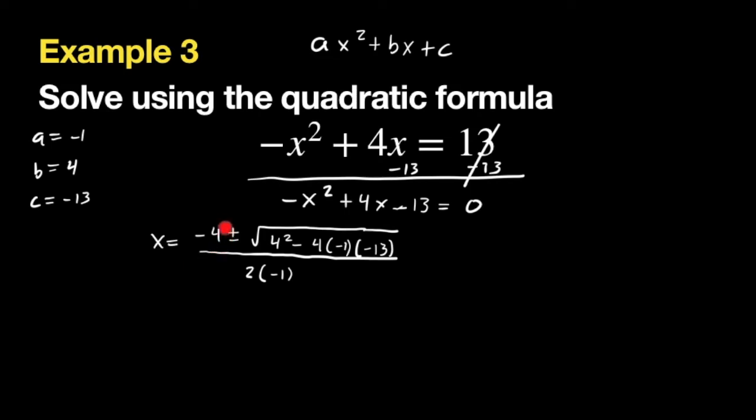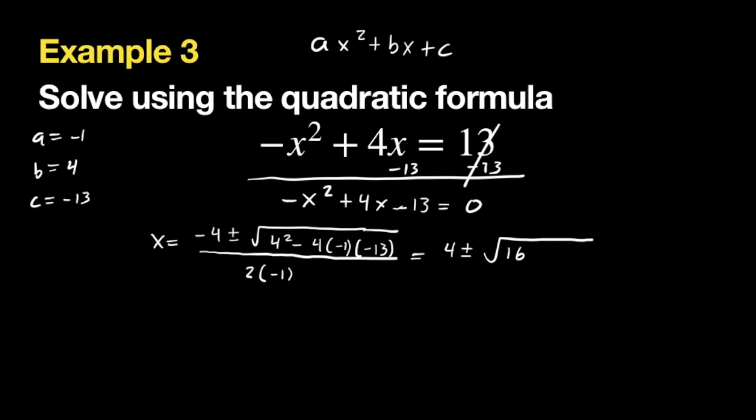The first portion is going to stay the same because we have -4 and the plus or minus is always the same. Now we're going to work with the things inside the radical. That's going to be 4 to the second power, which is going to give us 16.